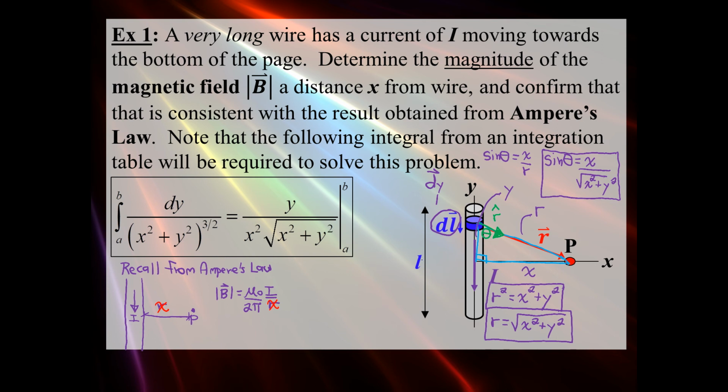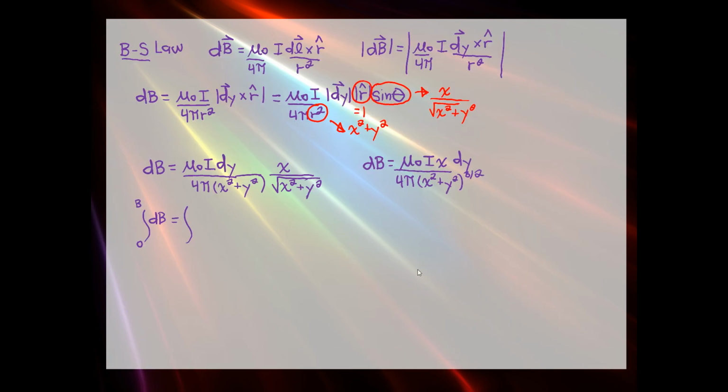It tells me the full length of the wire would be L. But the center of the wire would be a position of y equals 0. Therefore, this bottom of the wire here would be negative L over 2, and this top of the wire up here would be positive L over 2. Okay, so that's going to be my limits of integration. So I'm going to have negative L over 2 to positive L over 2.